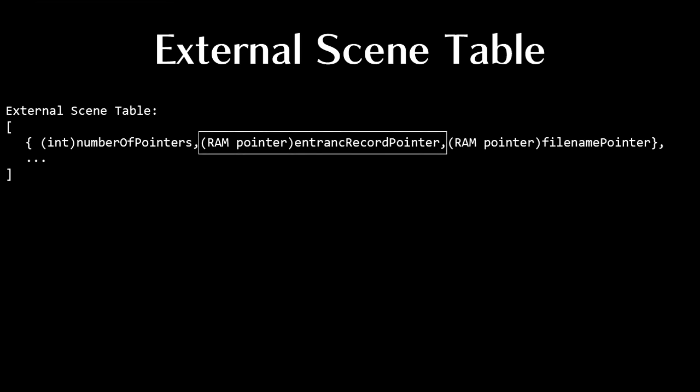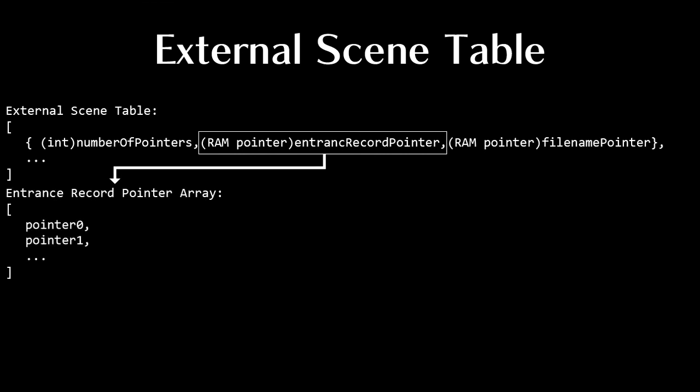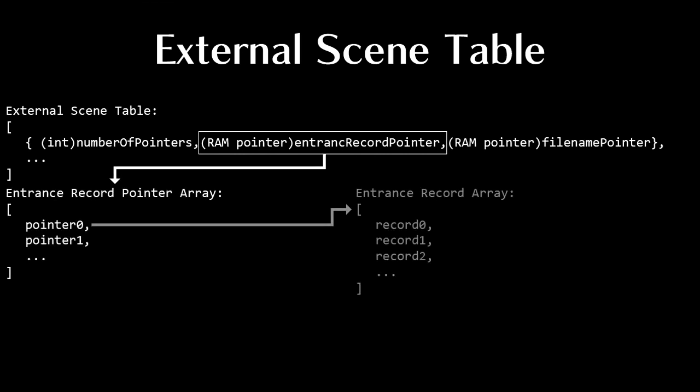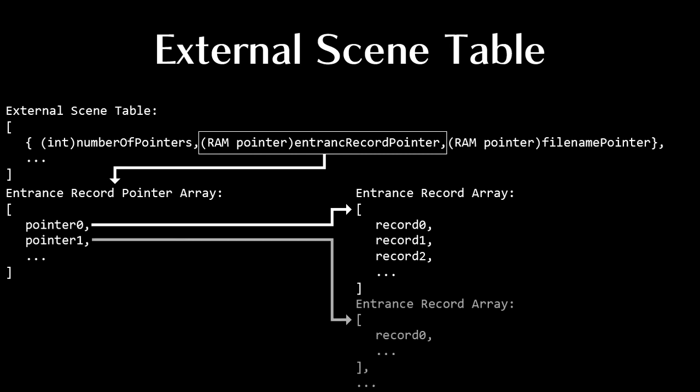What is important is the pointer to the entrance record pointer array. This points to an array made up of pointers, which in turn point to an entrance record array, which is made up of all the entrance records. An important thing to note here is that the entrance record array does not have a defined length. The game assumes whatever index it is getting for the entrance record array is going to be a valid one.